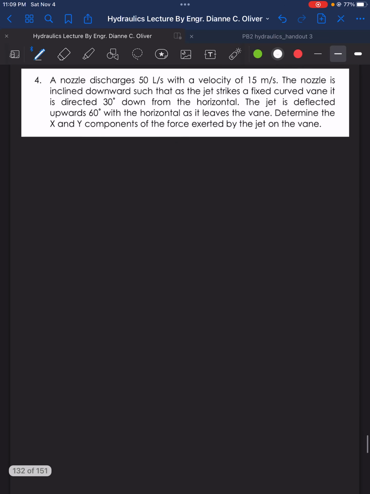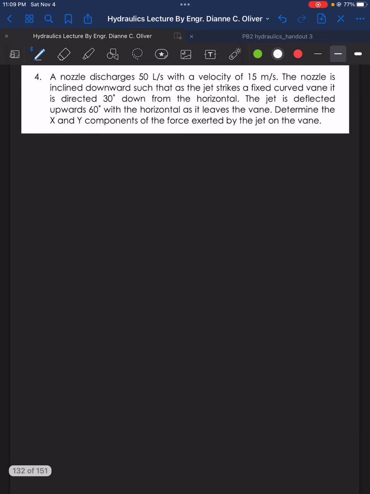Now let's go to the last example. A nozzle discharges 50 liter per second with a velocity of 15 meter per second. So the Q here is 0.05 and the velocity V1 is 15 meter per second.